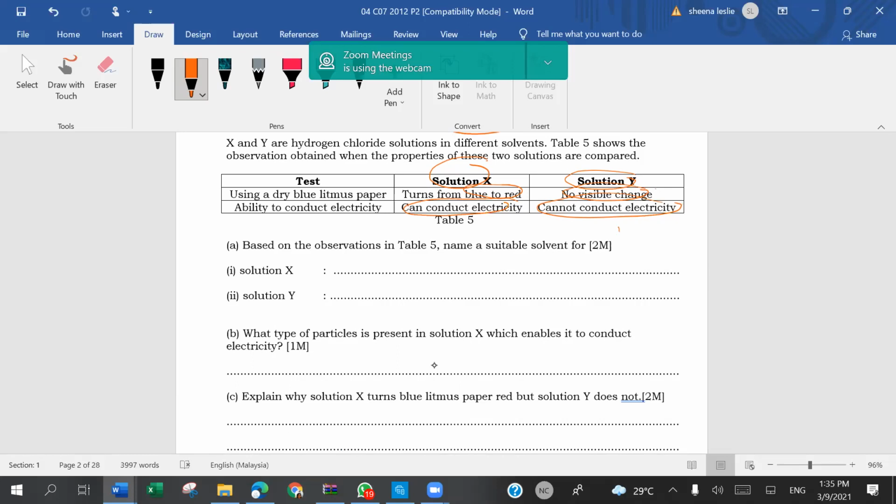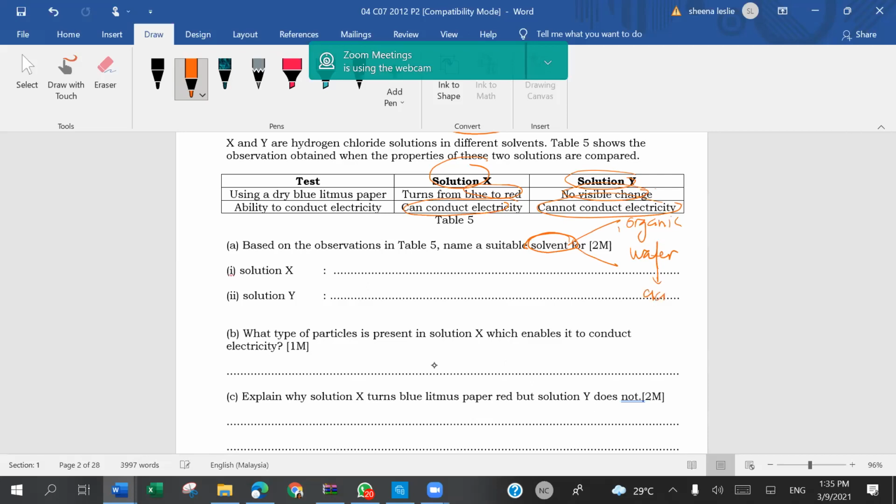What will solution X be, Farah? Acid. Okay, cannot. You see, a solvent can only be divided into 2. One is an organic solvent, one is water. It's okay. Good that you give me not the correct answer so I can help you.